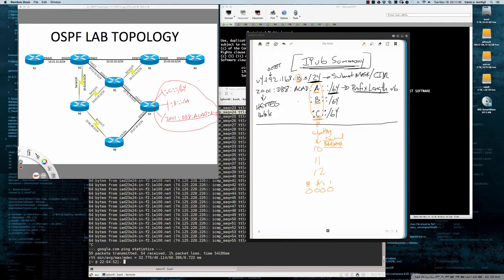This single hex character is going to be represented by just 4 bits. So 10 would be 8, 0, 1, 0, and that equals 10. Then 11 is going to be 1, 0, 1, 1. And then 12 is going to be 1, 1, 0, 0. Now, we do something very similar here that we did with IPv4.